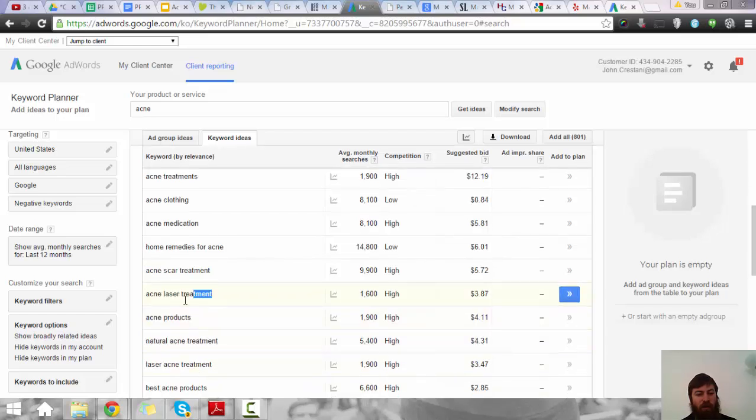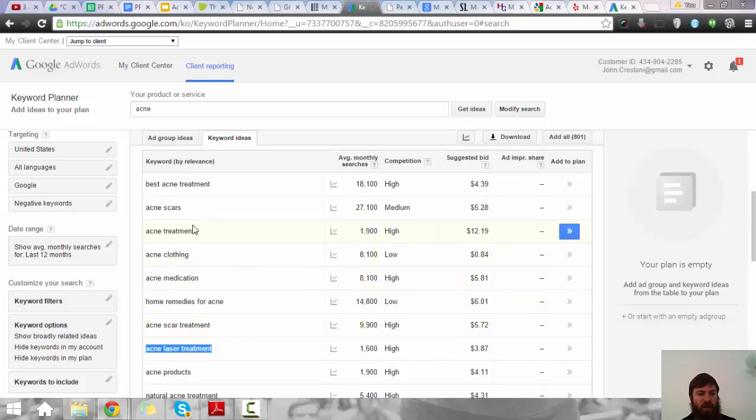Acne products. What I'm seeing is, since acne treatments gets only 1,900 searches, and acne laser treatment and acne scar treatment get so many more searches, I actually think I should be targeting these sorts of keywords rather than a more generic acne treatment keyword.